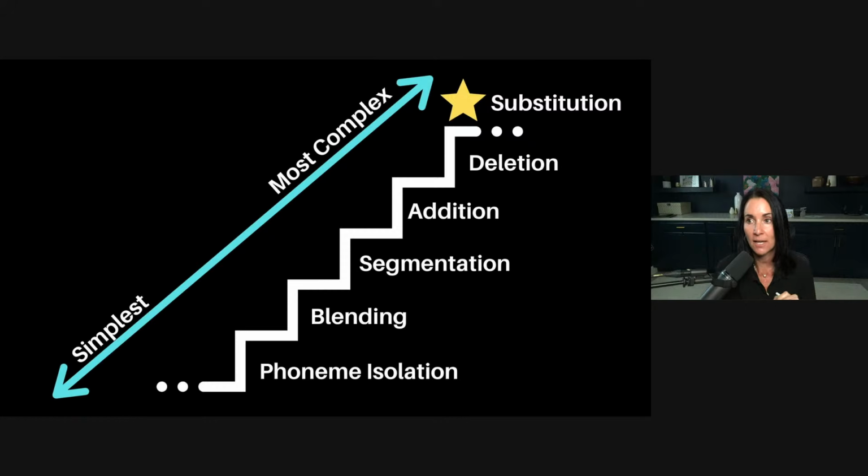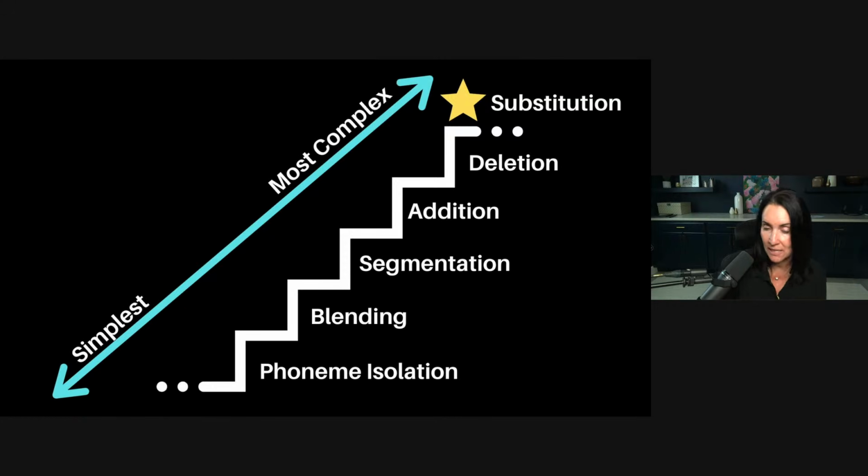So if I said, let's say the word play, and they say play, and I say, okay, I want you to switch the pl sound with an st sound. So they think for a second and they go, stay. So they had to isolate the pl sound, and then they had to make sure that they substituted it in with a new st sound. That is much more complex. And so that's why it's at the top.